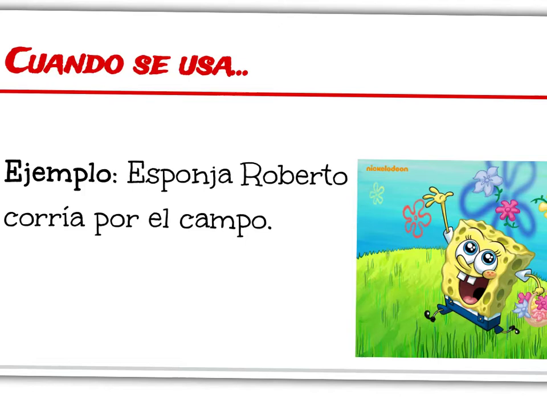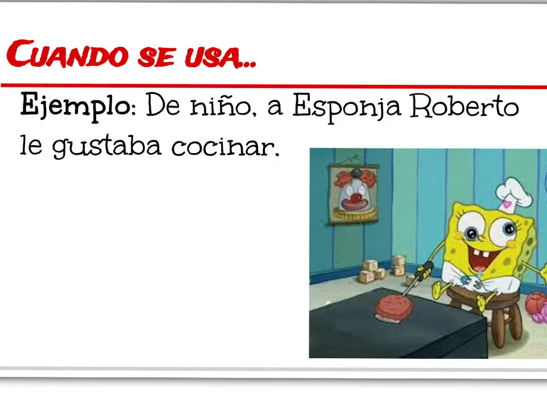SpongeBob SquarePants used to run in the field. Another ejemplo would be de niño, as a boy, a Esponja Roberto le gustaba cocinar. When he was a boy, SpongeBob SquarePants used to like to cook.